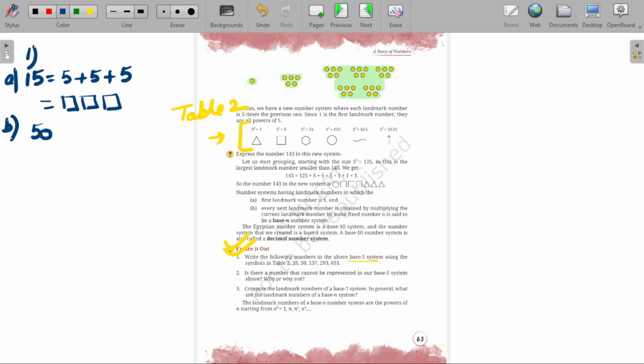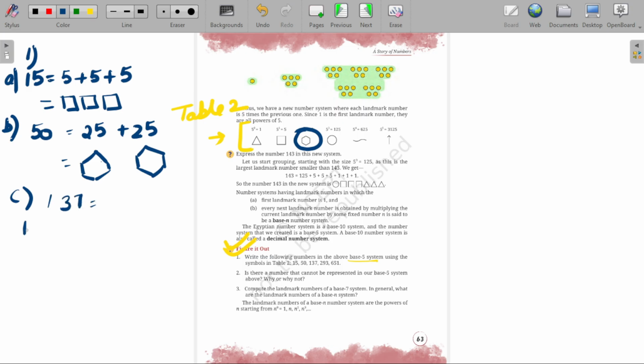Now 50. 50 can be represented as 25 plus 25, and for 25 we use this symbol. Part C is 137. 137 can be presented as 125 plus 5 plus 5 plus 1 plus 1.